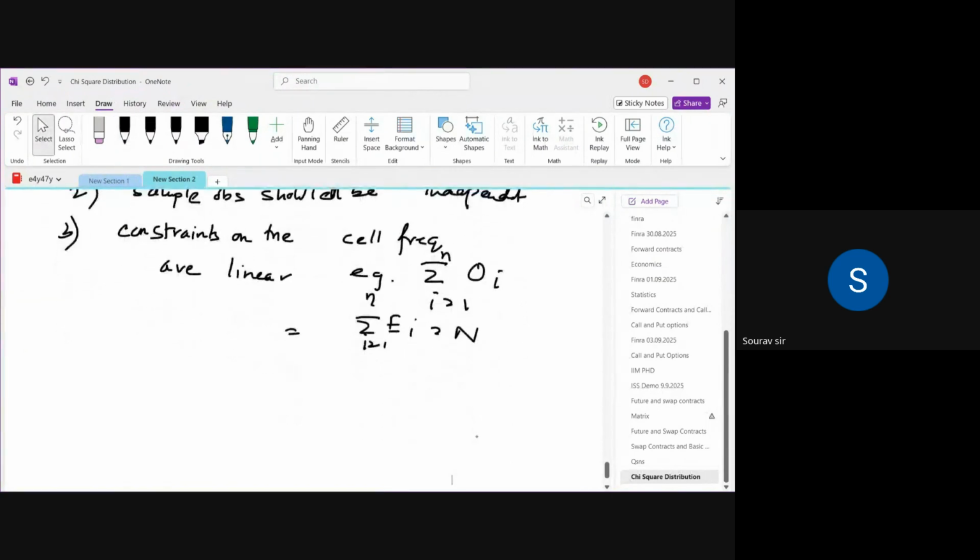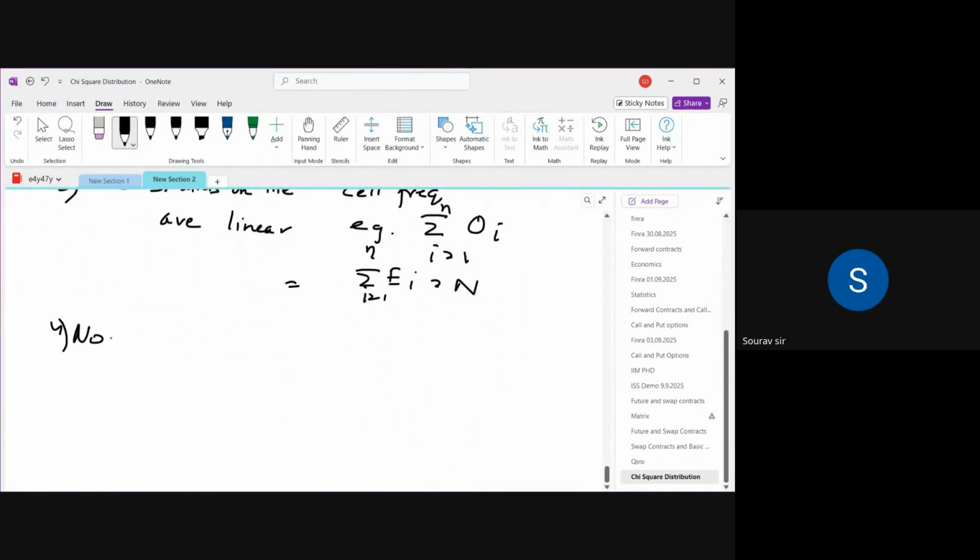And no theoretical cell frequency should be small. What I mean is, if any theoretical frequency is less than 5, we add it to the preceding or succeeding frequency so that the resulting frequency is greater than 5, and adjust for the degrees of freedom.